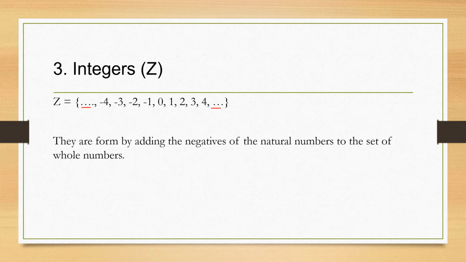They are formed by adding the negatives of the natural numbers to the set of whole numbers. Example: negative 19, negative 8, negative 5, negative 3, negative 2, 0, 2, 3, 5, 8, 17. So meron tayong positive and negative.